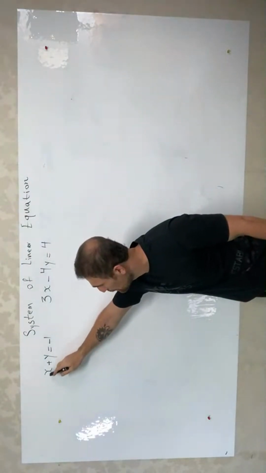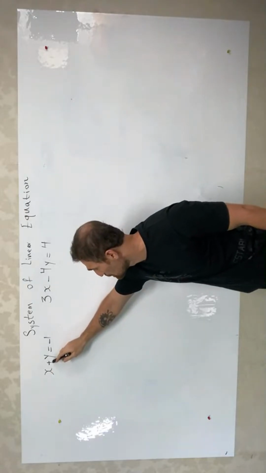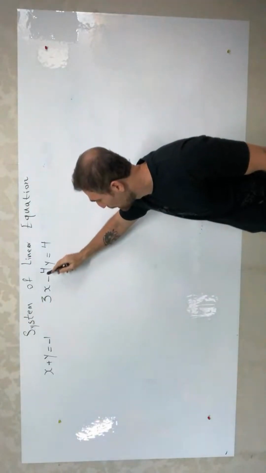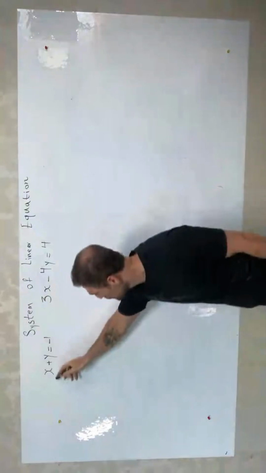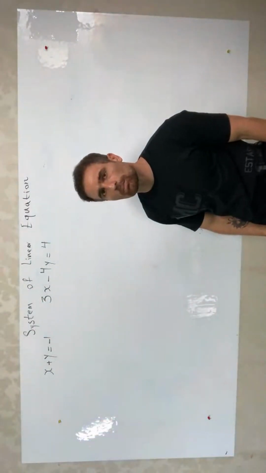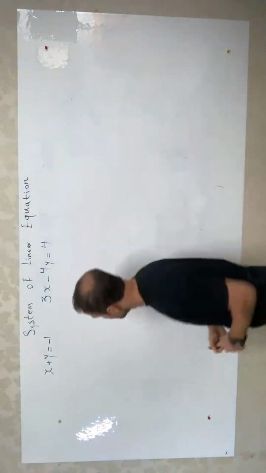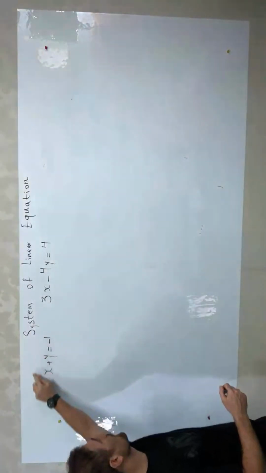For example, here the coefficient of x is 1 and the coefficient of y is 1, but here the coefficient of x is 3 and the coefficient of y is 4. So, I want to choose this equation, x plus y equals 1, as the first equation to start my solution.